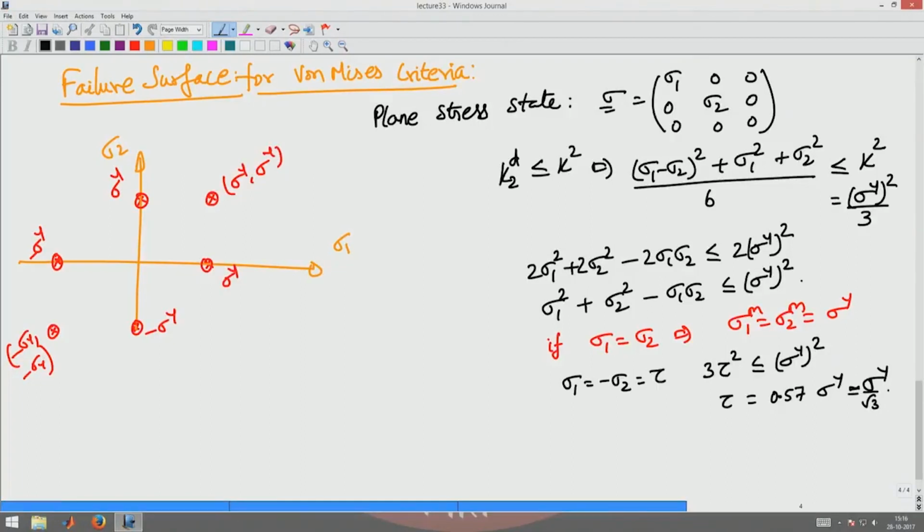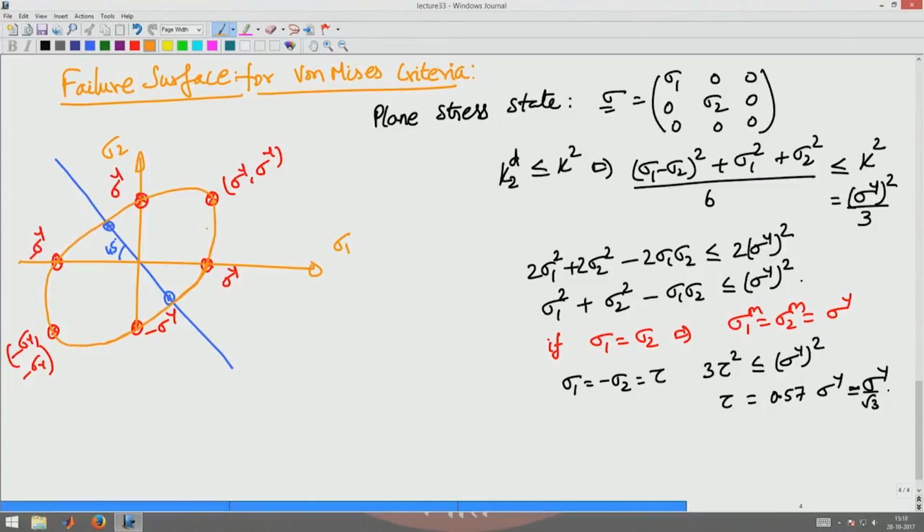So, sigma 1 equal to minus sigma 2 equal to tau is a 45-degree line. This is a 45-degree line here, and I know the point on this line, and I know the point on this line, okay. So, now the ellipse has to pass through all these points, okay.